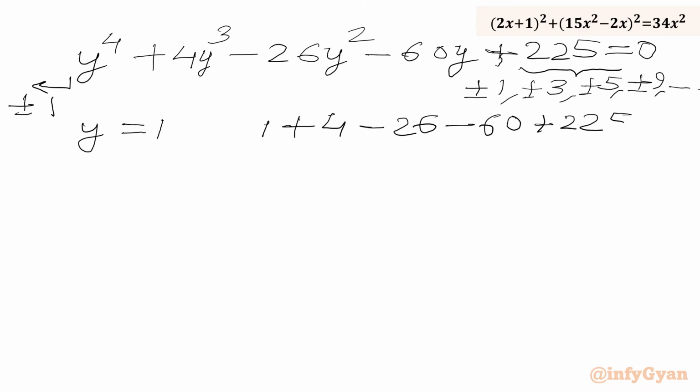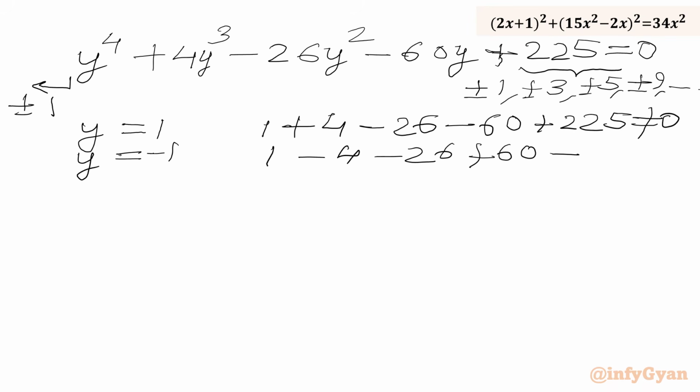Will it satisfy our equation? No, it won't be equal to 0. Now we can check at y equal to −1 also. We'll get 1 − 4 − 26 + 60 + 225. Again, it is not satisfying our equation.